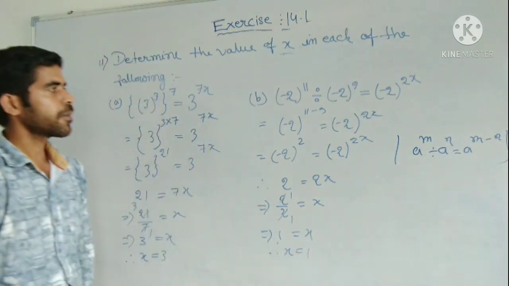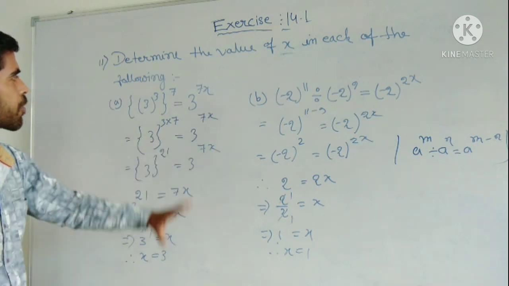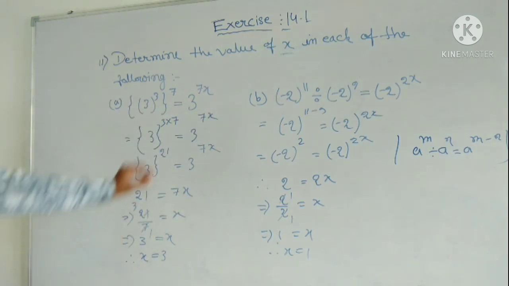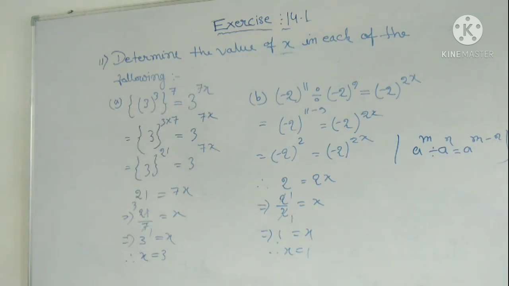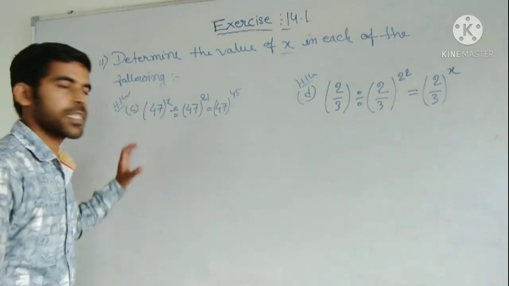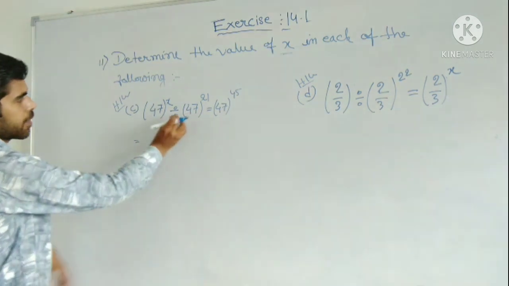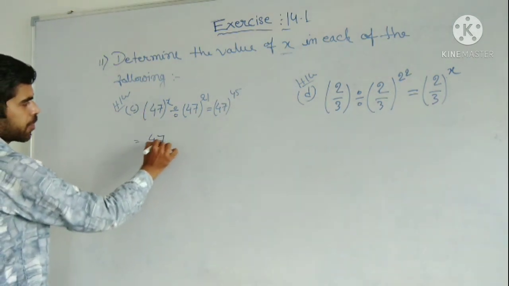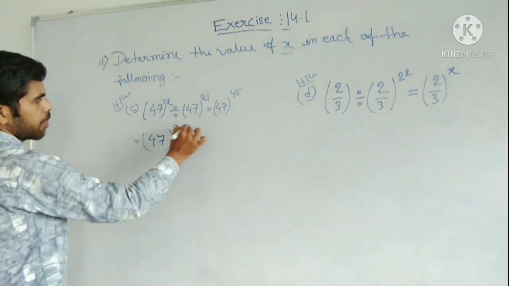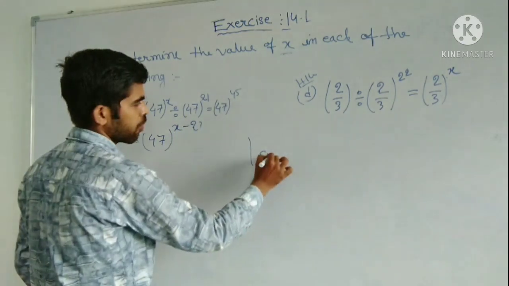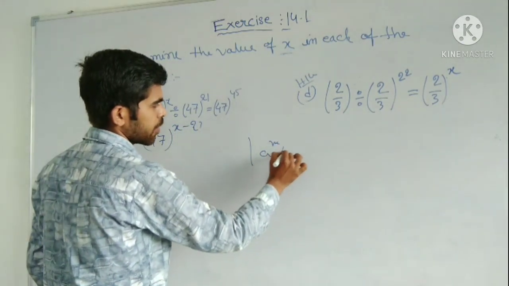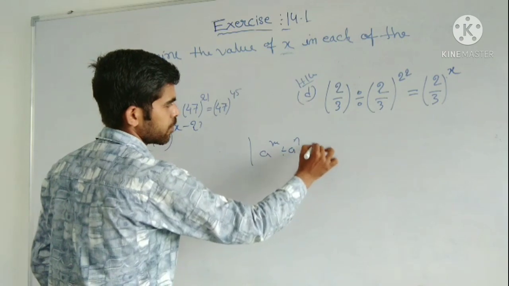So in the same way you can find out the values of x. Now see, these are similar. So they are 47, and with the divide sign you write 47, and there will be a minus because of the divide sign according to the rule: m minus n.